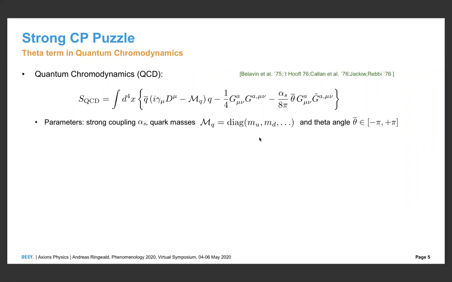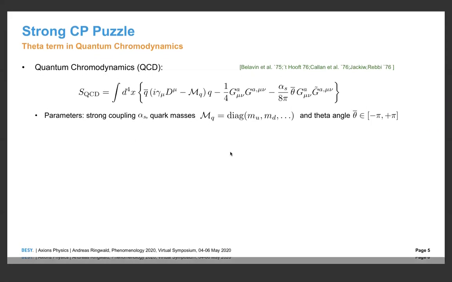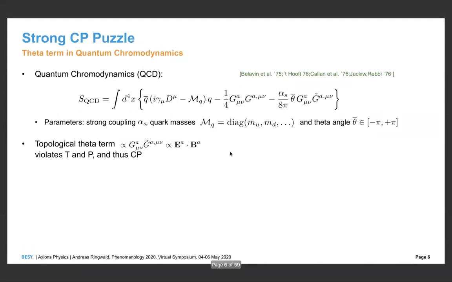Of course, because it's a total derivative and cannot be described by perturbation theory, observables which depend on this extra parameter, the theta angle, must be calculated non-perturbatively. But first of all, let's see what kind of effects this theta angle leads to.